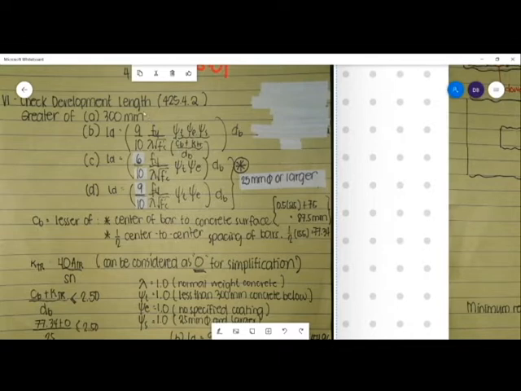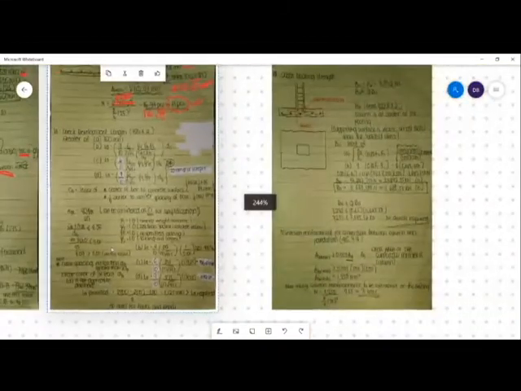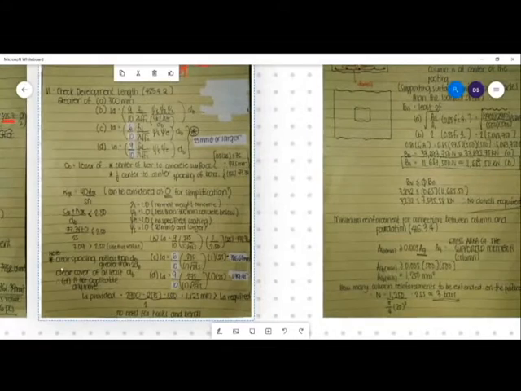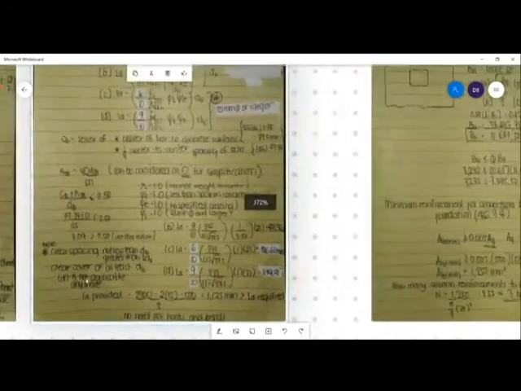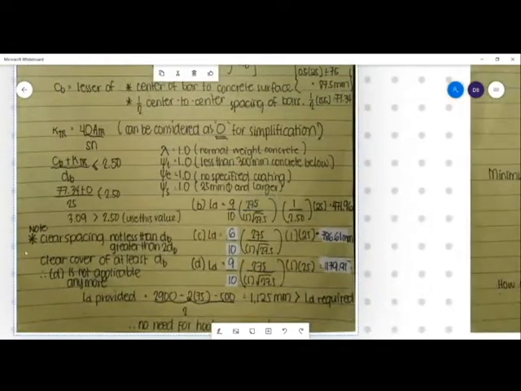So we have 300 millimeter, but we have to solve for B, C, and D first. For C and D, we are going to eliminate only one of them by checking the clear spacing and clear cover. It is written here that the clear spacing should be not less than d sub b, and ours is greater than 2 d sub b, so it qualifies.